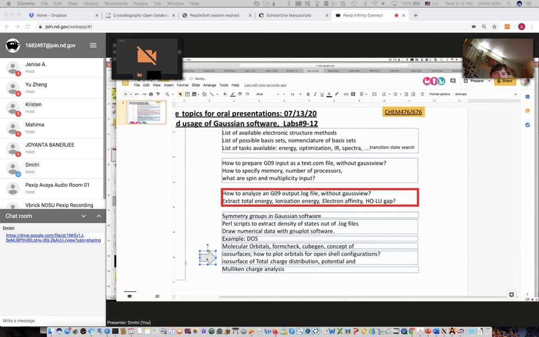The orbitals for open shell configurations, if you are dealing with singlets and triplets, non-singlet configurations on one hand, or if your research involves transition metals, then open shell configurations could be your choice.